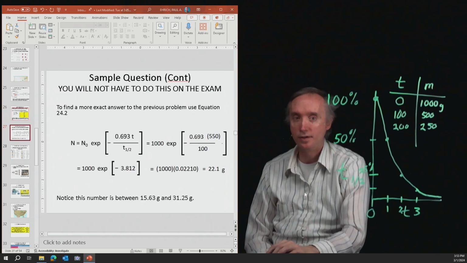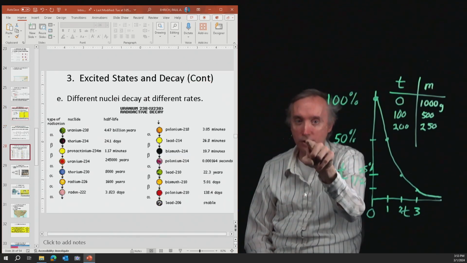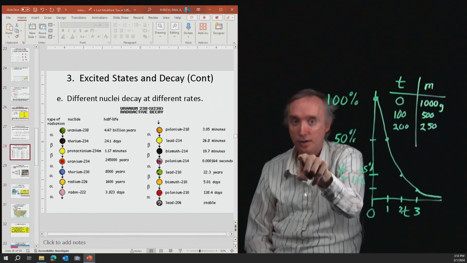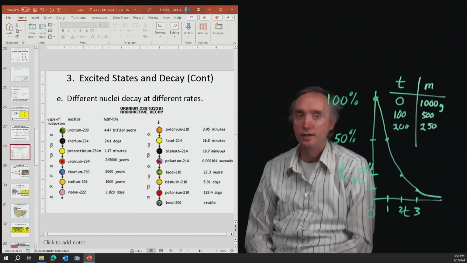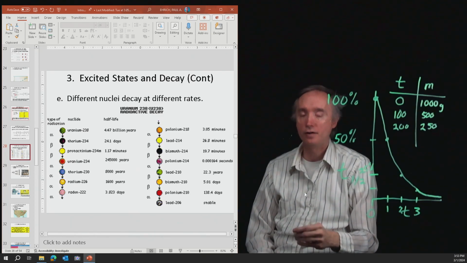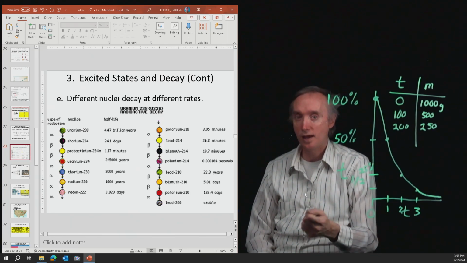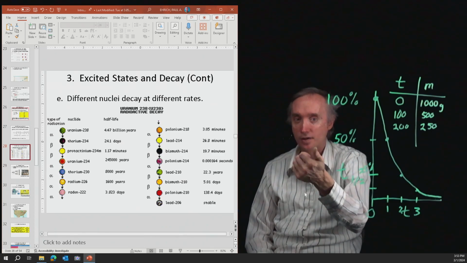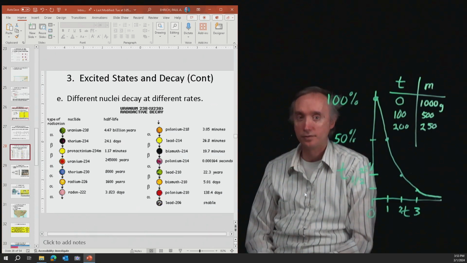So if we go back to here, starting off with uranium and then turning into thorium, you see how long is it going to take for half of the uranium to decay? And you can see it's a very, very long time. Okay, so it's in terms of billions of years.